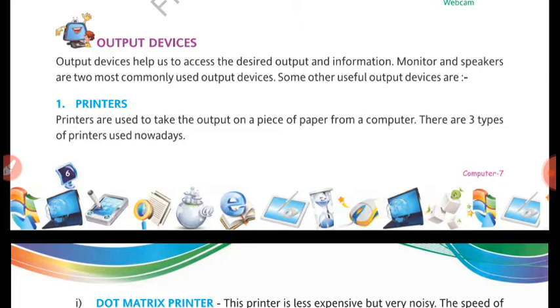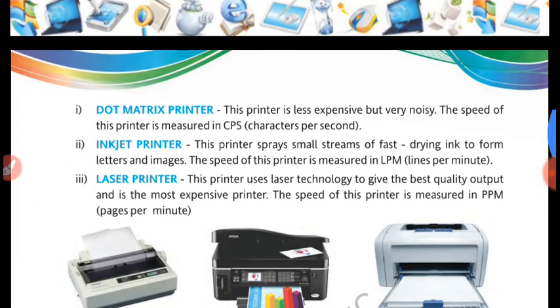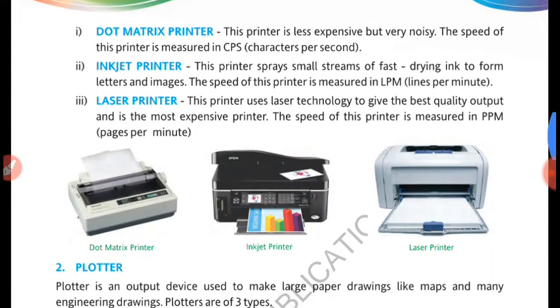I hope you already know about that, because if you go to the market, you can get it at a shop. You can get photocopies from a printer. There are three categories of printer: dot matrix printer, inkjet printer, and laser printer. You can see them shown in the figure.